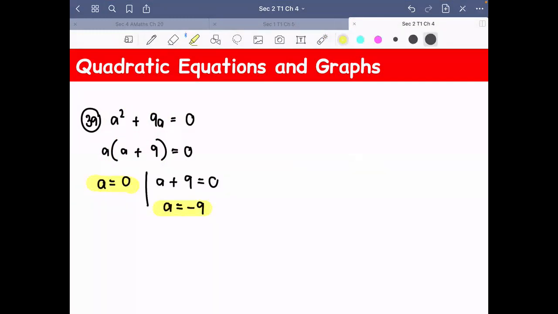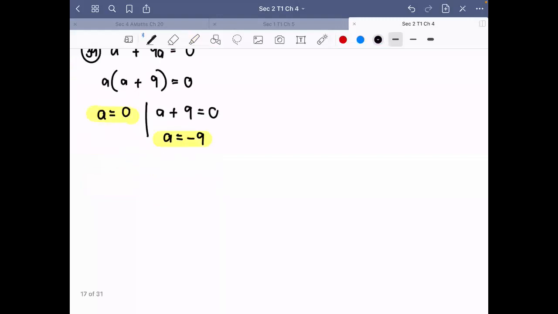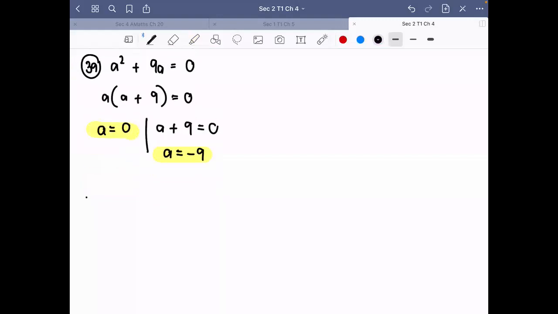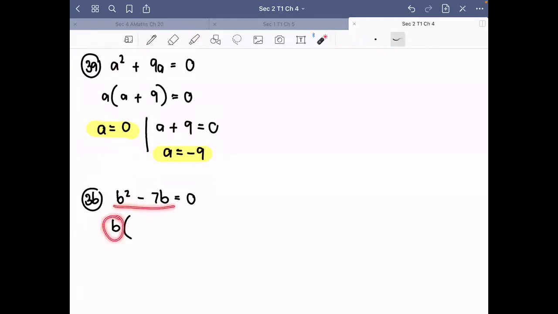Now for 3b, you got b squared minus 7b is equal to 0. Again, your common factor here is b. So we divide each term by b. So we got b minus 7 equals 0.